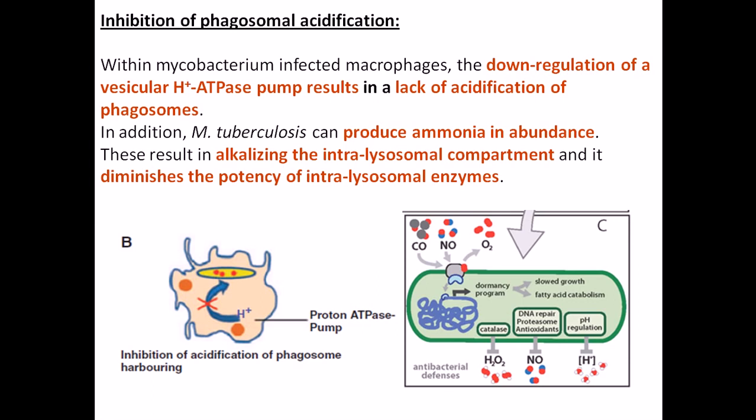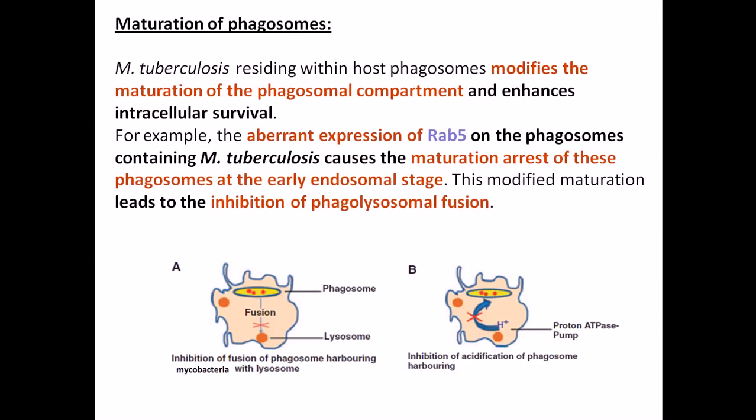So usually this results in alkalinizing the intralysosomal components, and they can stay there after neutralizing the environment with this ammonia. Okay, and we can also see the presence of other channel proteins that they can block, and they try to produce other factors like some antioxidants, like some oxygen scavenging molecules and all these things.